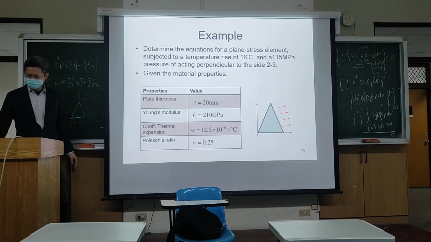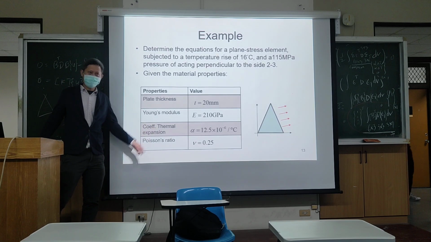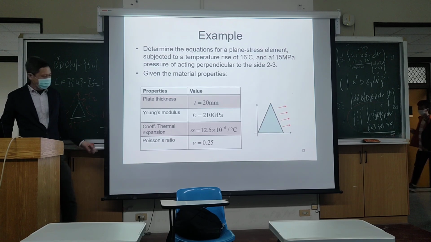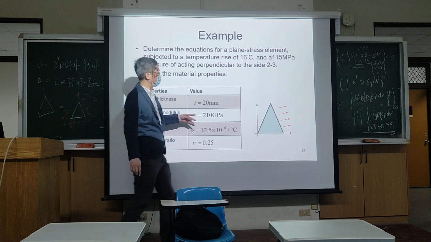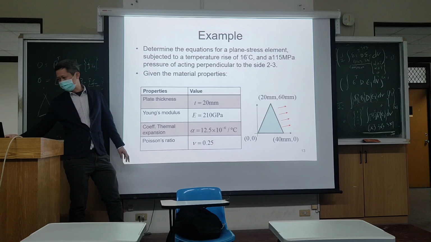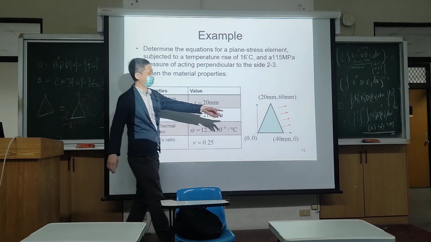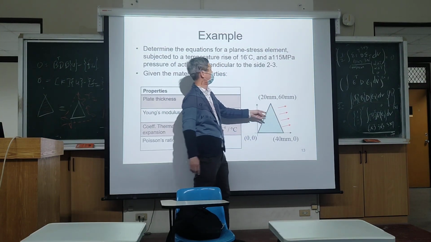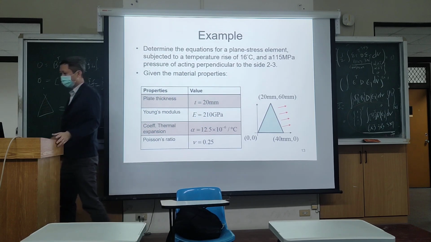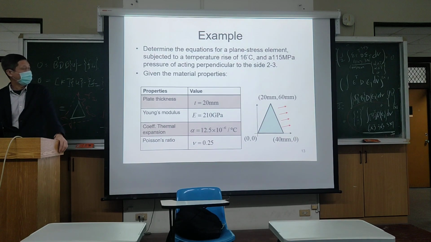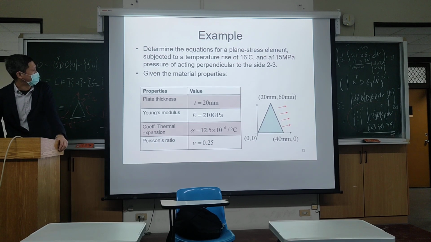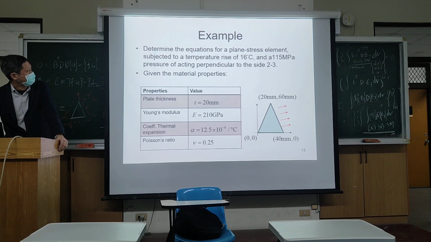And then my Poisson ratio for the material is 0.25. Okay? When this plate has their side 1, 2, 3, 2, 3 subjected to tension, and then some more, the whole plate is being heated up. Would you be able to calculate what is the normal forces? Okay, determine the equation of free stress element.